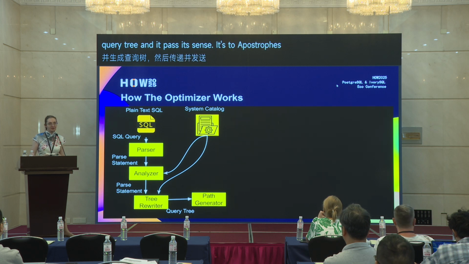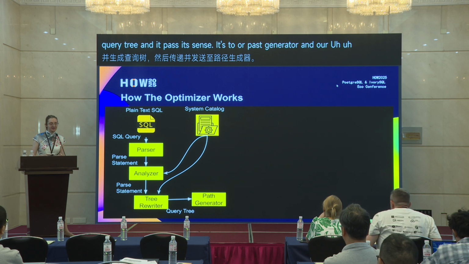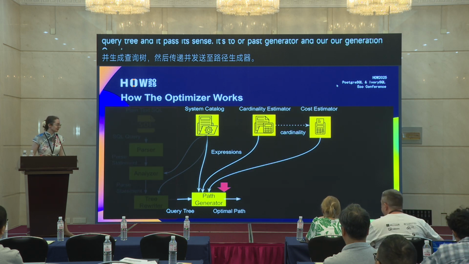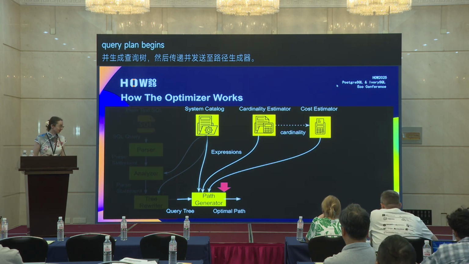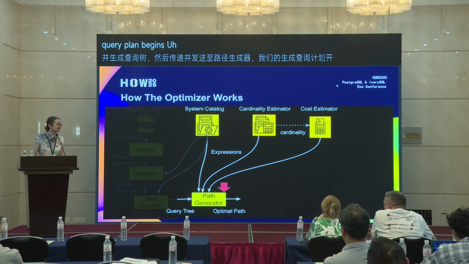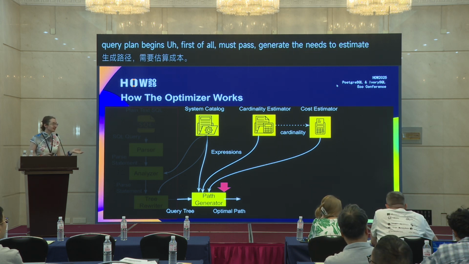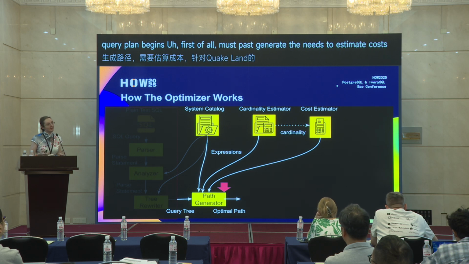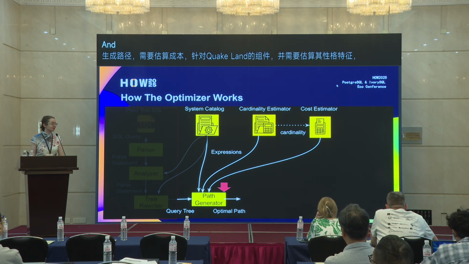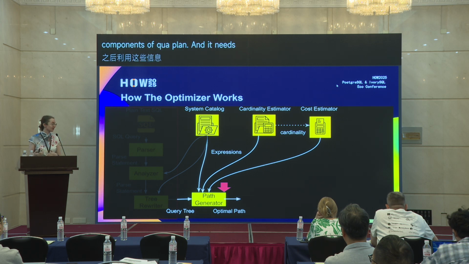And our generation of query plan begins. So first and foremost, path generator needs to estimate costs for components of query plan, and it needs to estimate cardinality for them, and after that it uses this information to estimate costs for the query plan.